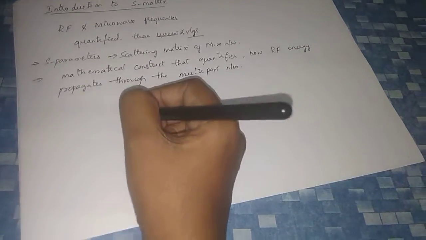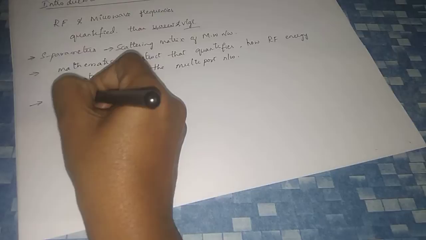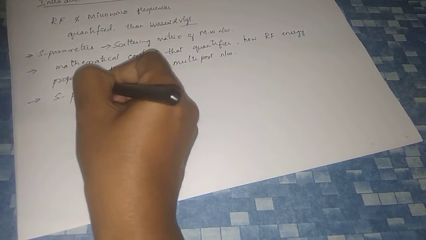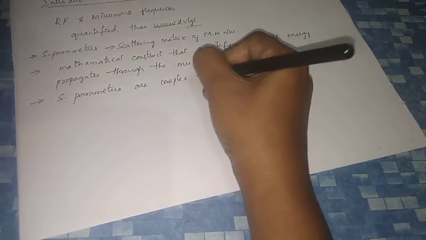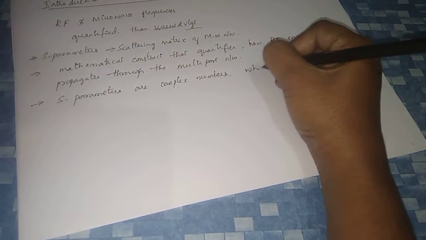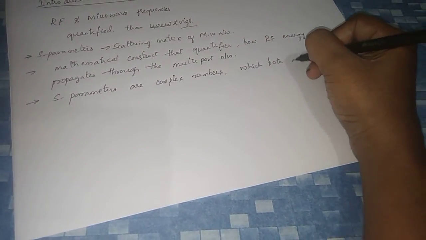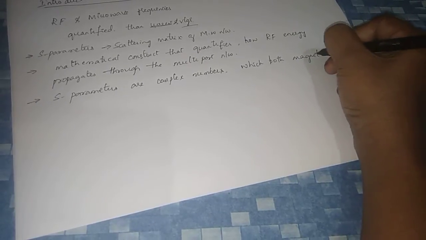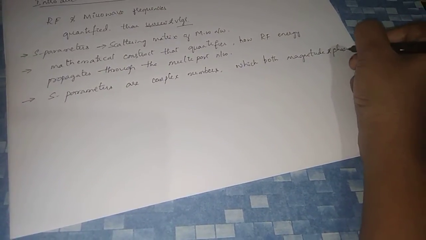Next, what are S parameters? S parameters are complex numbers. Since it is a complex number, it has both magnitude and phase.